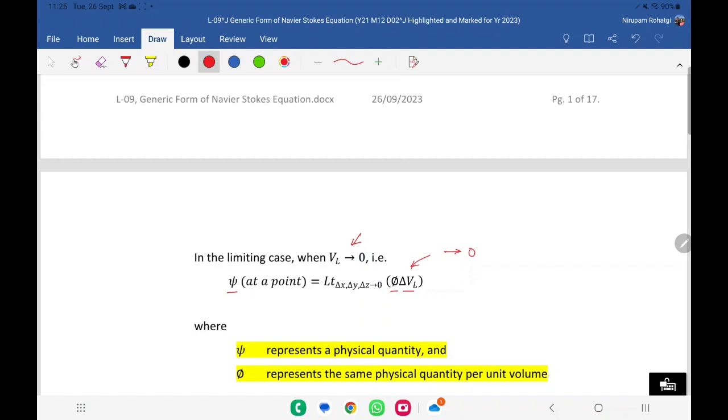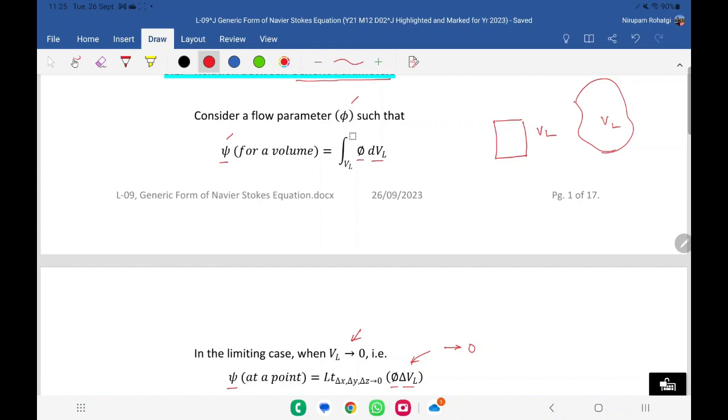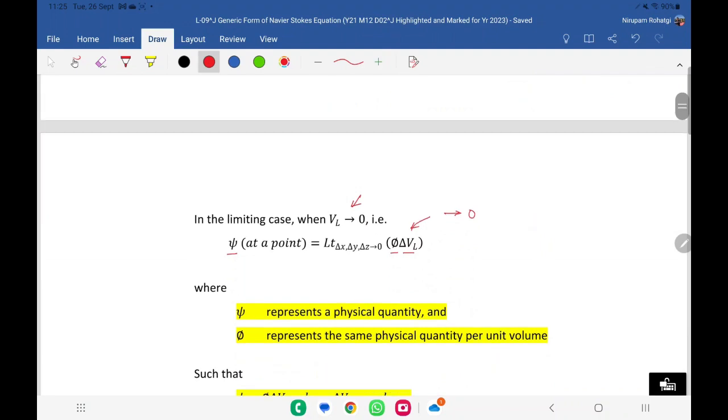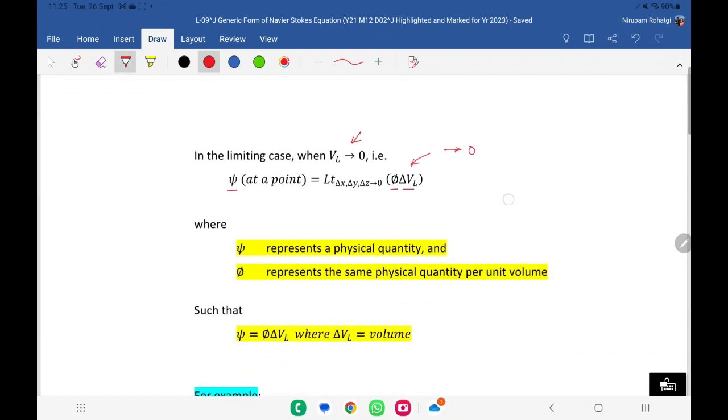Now psi and phi at a point are correlated. In the above equation, they are correlated for a finite volume. Here they are related for an infinitesimal volume. So at a point, in other words, phi is nothing but psi per unit volume.